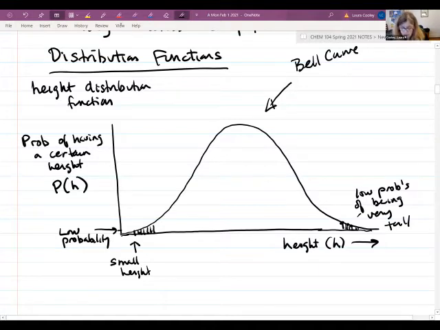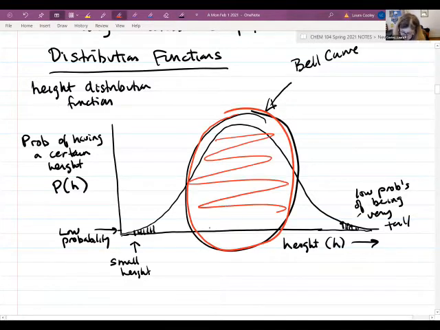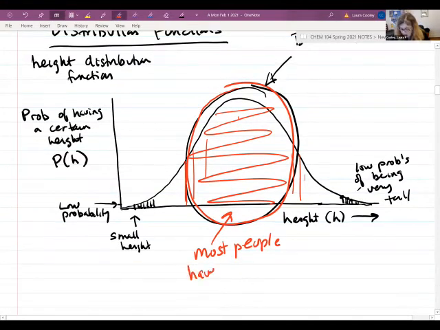And most people are kind of in here, right? Most people are in the middle of this curve. That's most of the probability. Probability starts to get pretty high over here, goes up and up and up, and then it gets much smaller. So these are really most people, who have sort of medium heights.